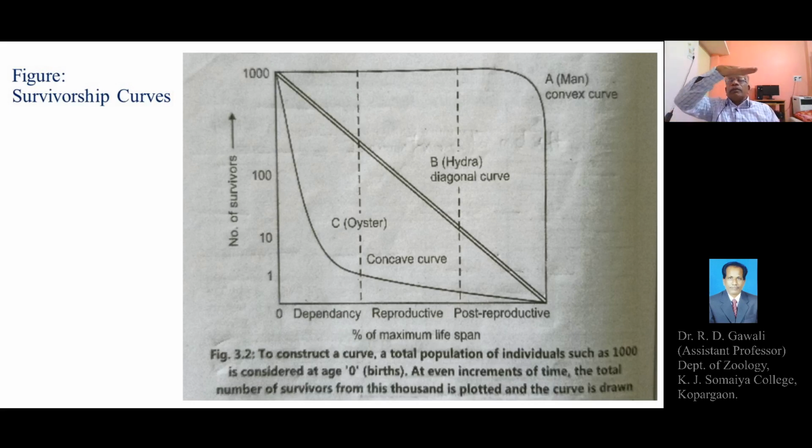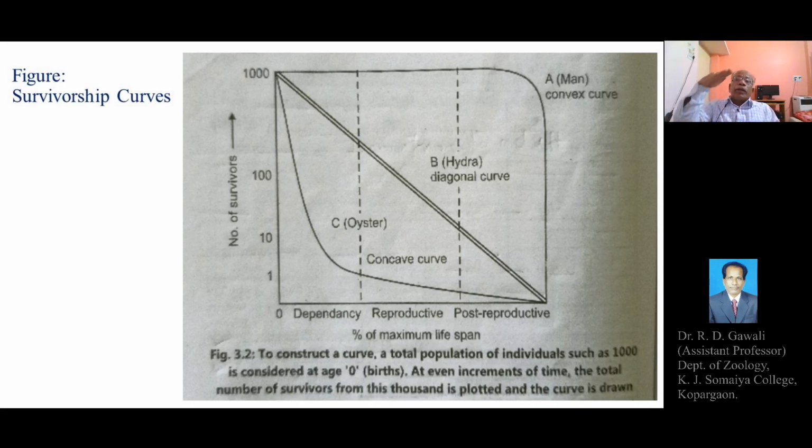For example, man, deer, rabbit. These are examples showing the convex survivorship curve, because they survive for their potential lifespan and then die in old age, meaning there is a natural death.